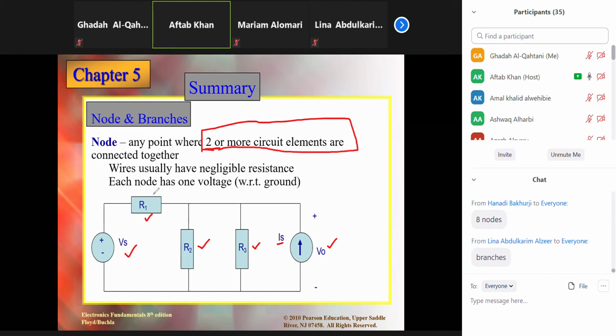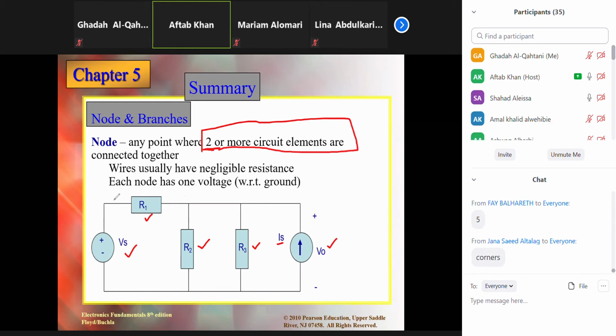Three branches. Okay. Nodes are 8. Okay. So would you like to tell me where are the 8? 3 branches, 4 nodes. Okay. What are the 4 nodes? Can you please tell me?